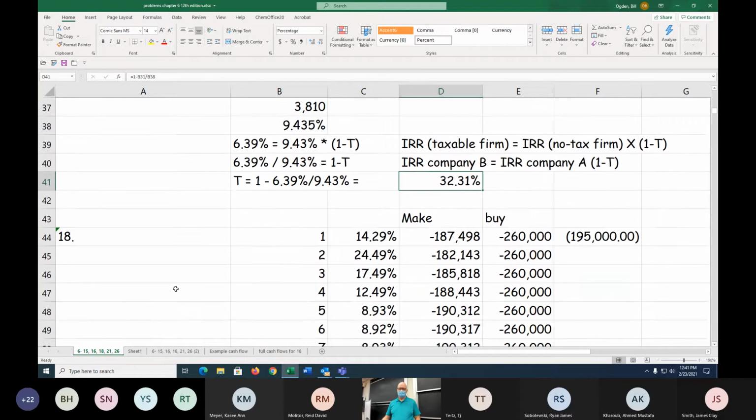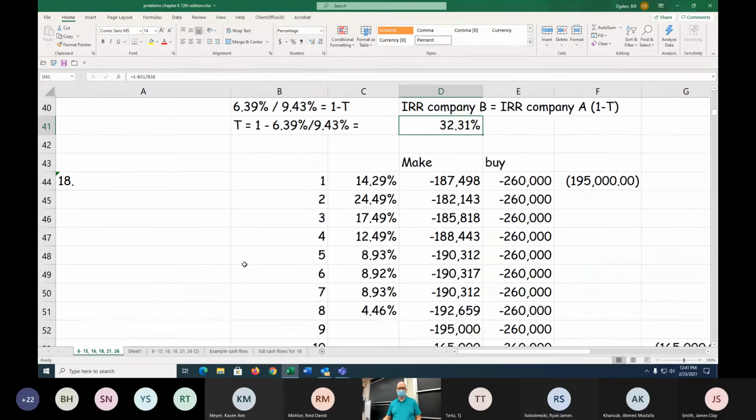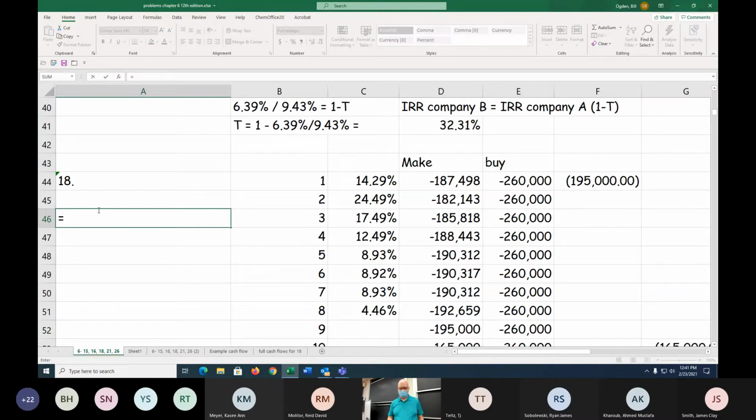All right, I all but did this one for you, so I don't know if we need to spend a lot of time on it. We can just do cash flow number 1 again, just to make sure we have it.